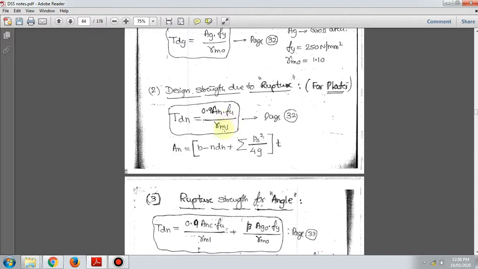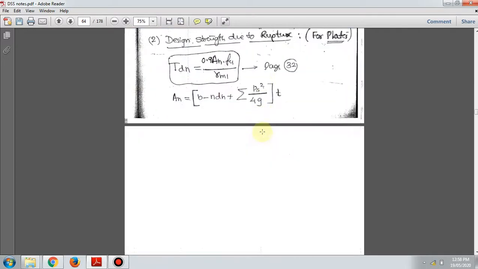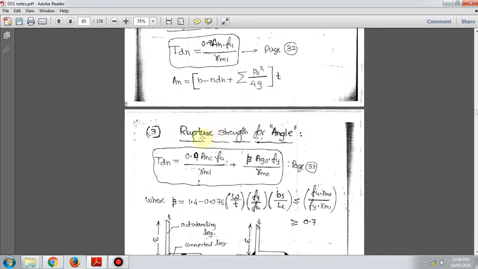This formula is on page number 32, where fu is the ultimate tensile strength of the plate, gamma m1 is the partial safety factor, and An is the net area, that is (b minus n d0). When there is a staggered pitch we have to substitute it, but almost it will be 0 in all problems. Anyhow, how to find An we will discuss in the problems. So this is the formula for design strength due to rupture for plate section.